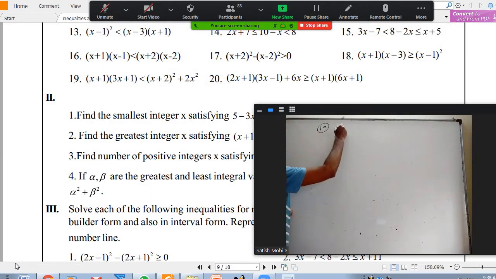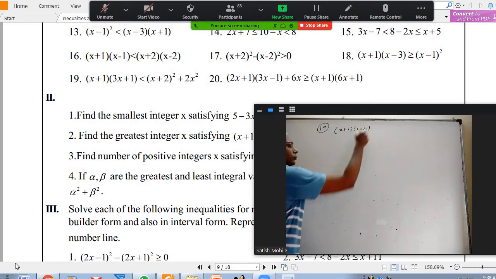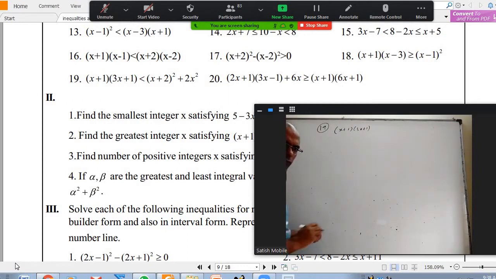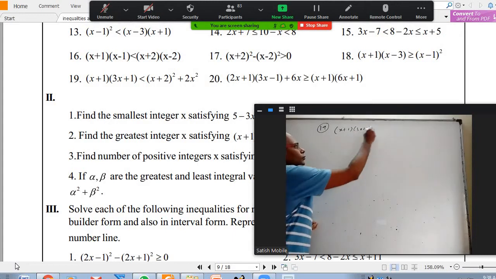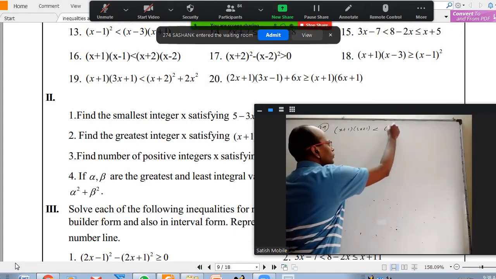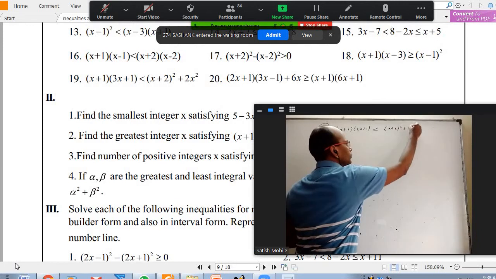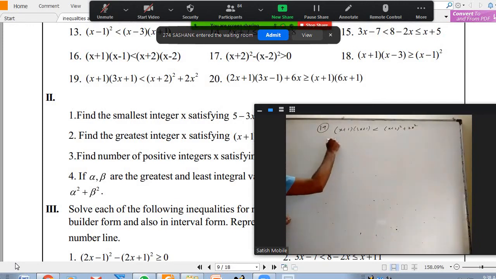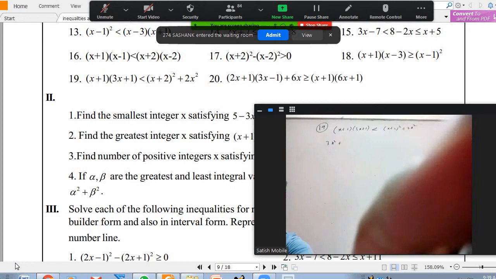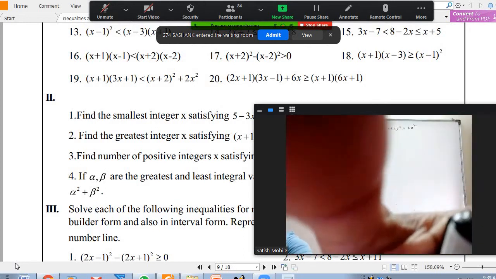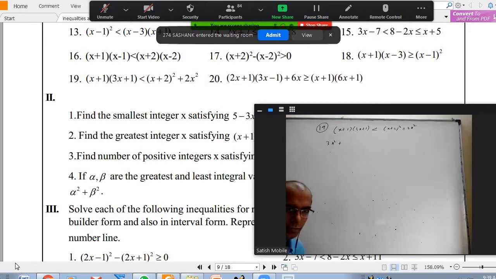Okay, I just need to expand. When you expand, you're getting some resound, huh? Yes, sir. Sorry, just a minute. I need to stop something. Okay.